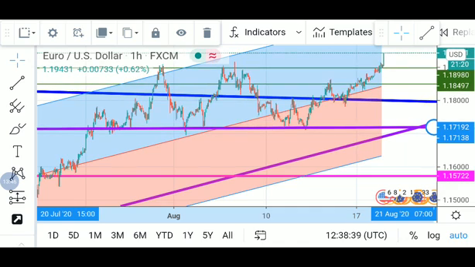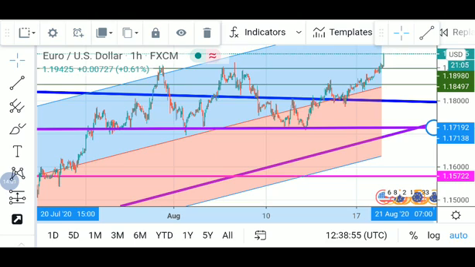And so that is not a sign of weakness. It's not agreeing to go below it. So we might be at the top.